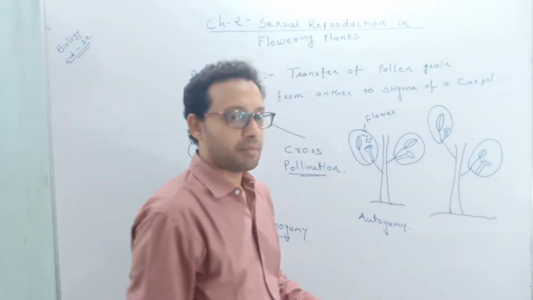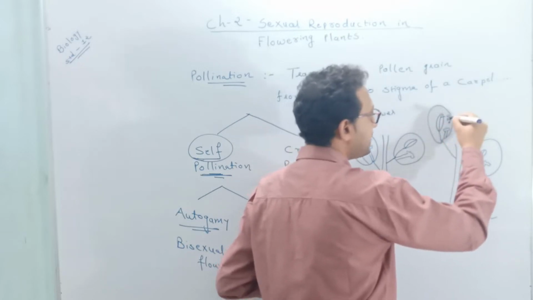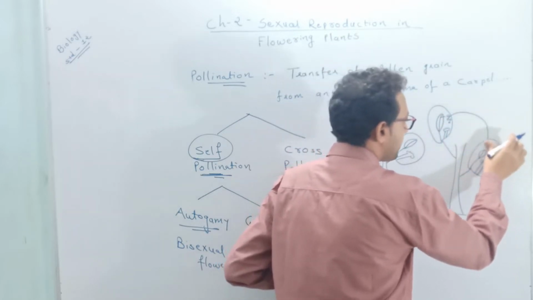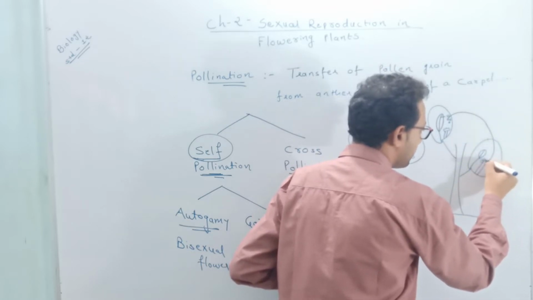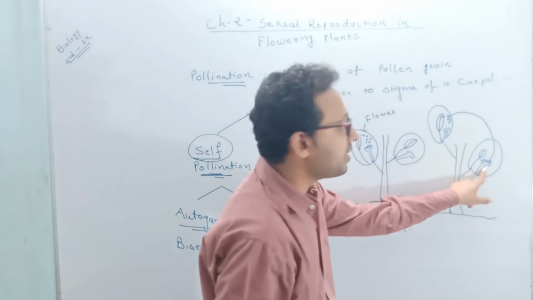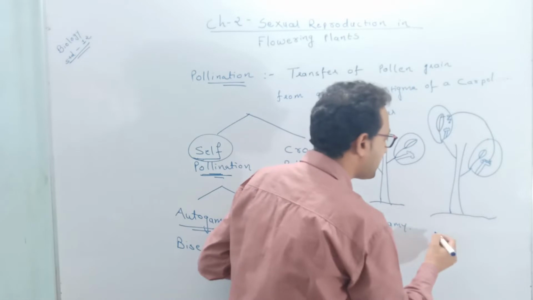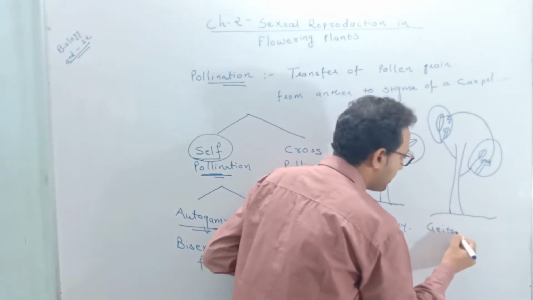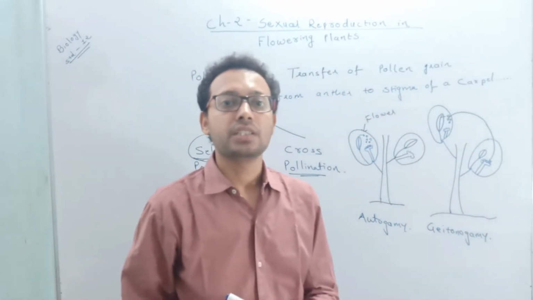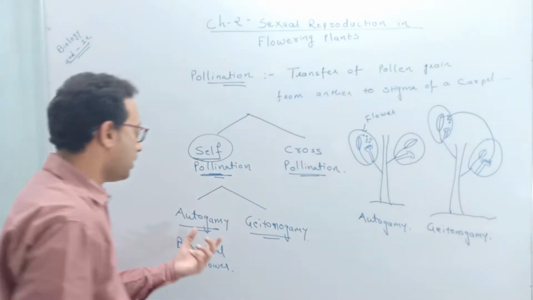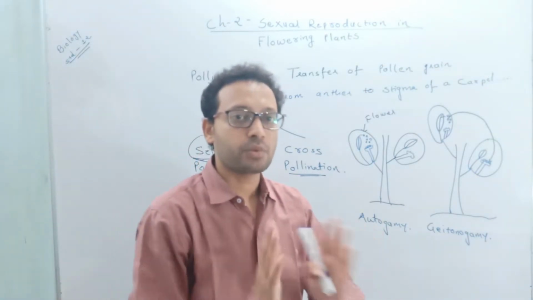So what is geitonogamy? Here the pollen grain is released from the anther and transferred to the stigma of a carpel of another flower, but the plant remains the same. This type of pollination is called geitonogamy.